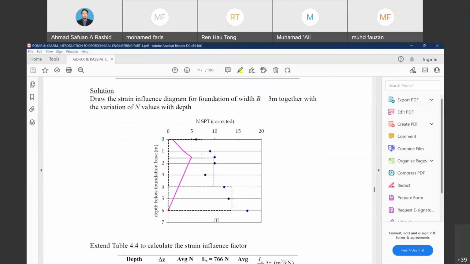When the depth is B over 2, which is 1.5, the Iz is equal to 0.5. And the last one, if the depth is 2B, the Iz will become 0.